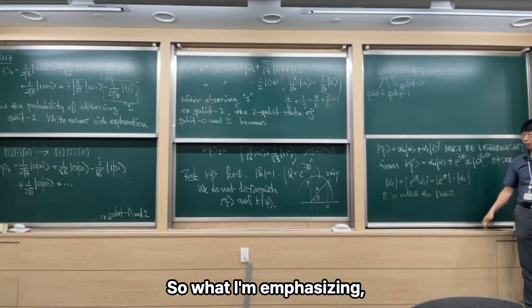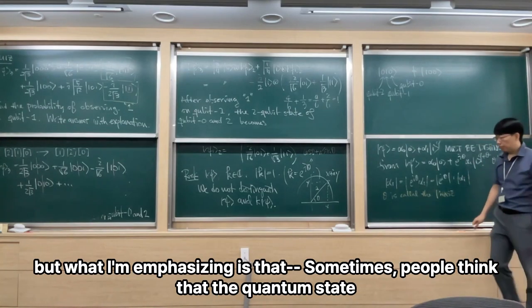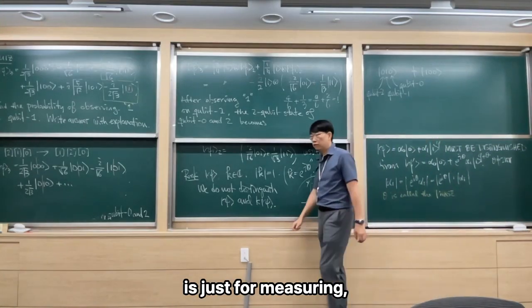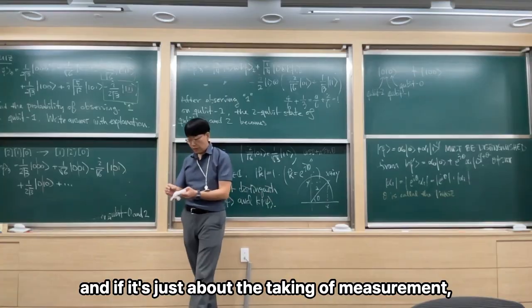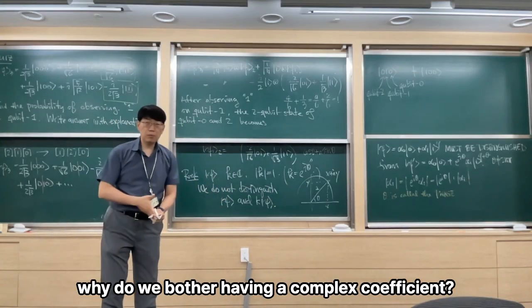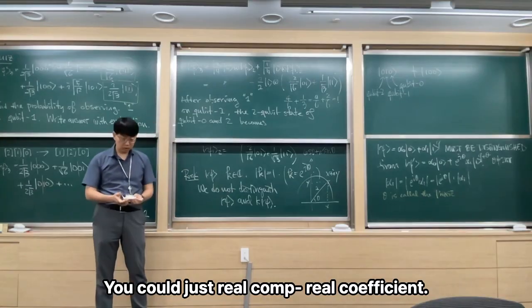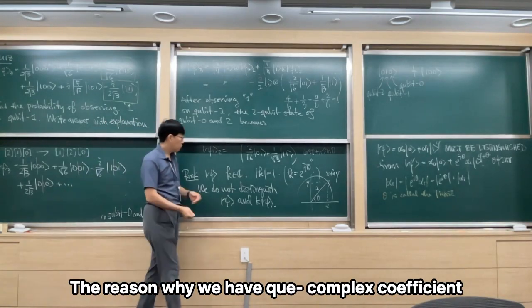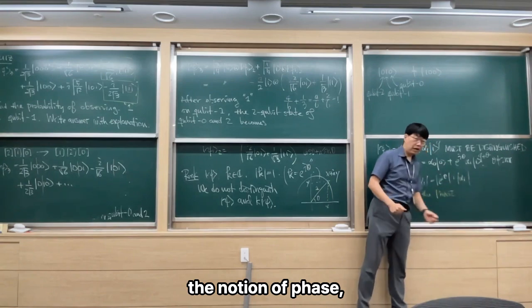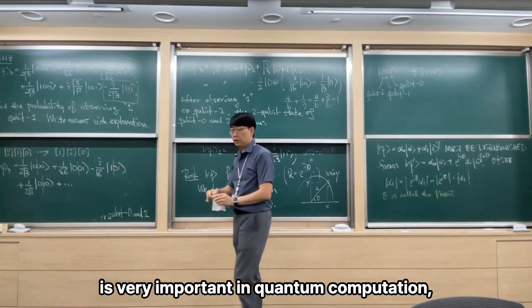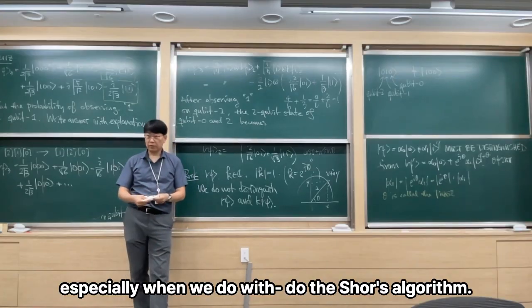So what I'm emphasizing, and we'll talk about the phase later, is that sometimes people think that the quantum state is just for taking a measurement. And if it's just about taking a measurement, why do we bother having a complex coefficient? You could just use a real coefficient. The reason why we have a complex coefficient is because this phase, the notion of phase, is very important in quantum computation, especially when we do Shor's algorithm.